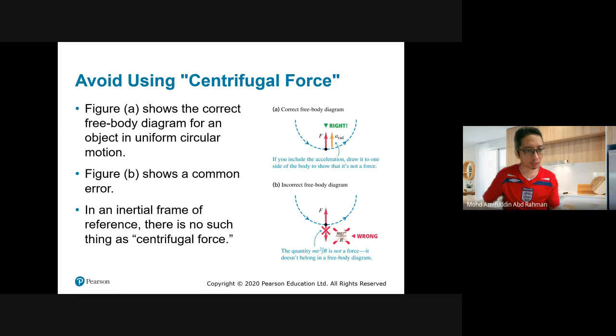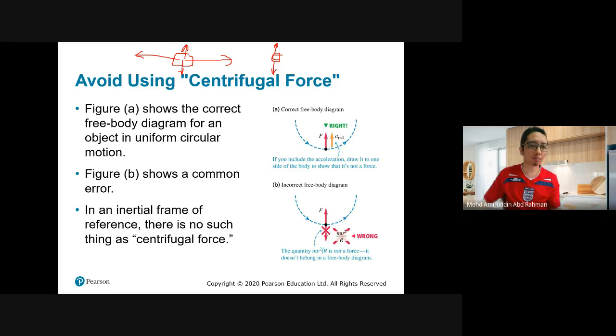When it's going up, it's also going down. So when we have the object in vertical motion, you have the forces there and also there.